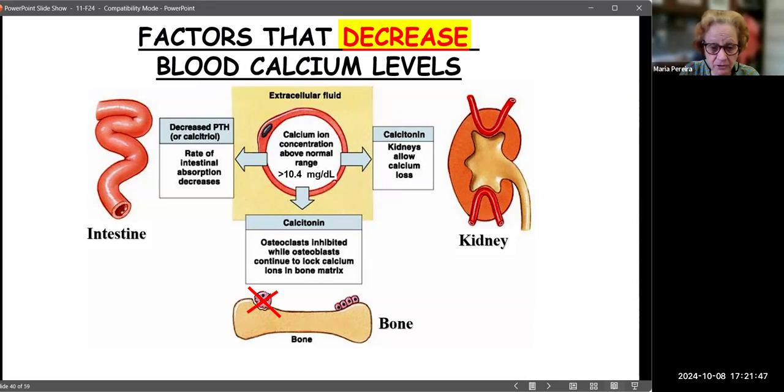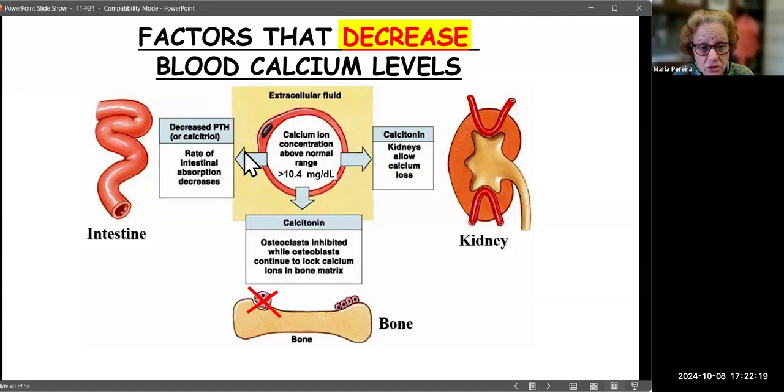The parathyroid hormone increases the movement of calcium from the gut into the blood, and that's known as absorption. So you get more calcium being absorbed from the lumen of the intestine into the blood. Is that clear?